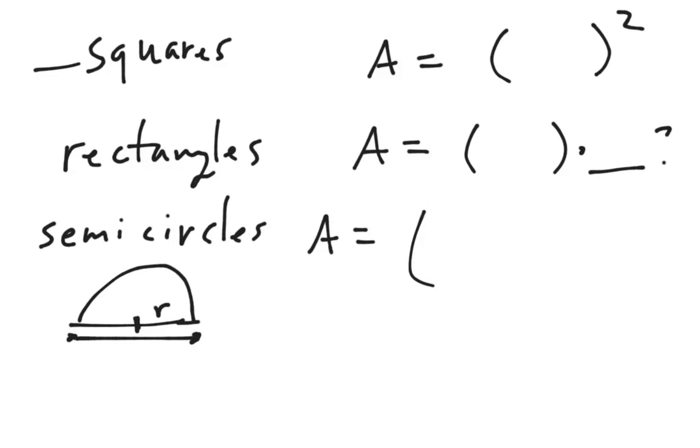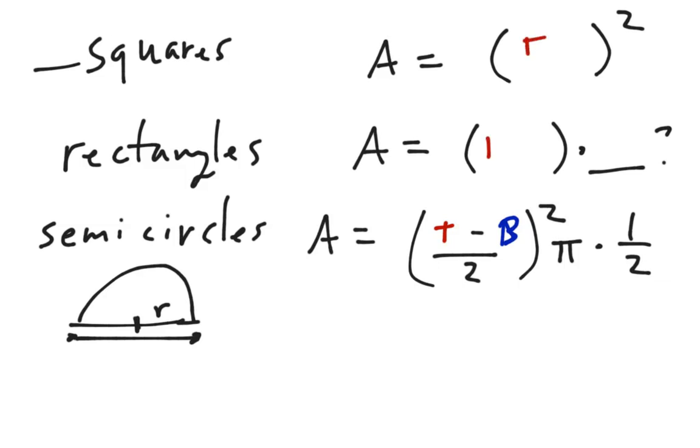And so your formula would be top function minus bottom function divided by 2 squared, so it's r squared and then pi. And that would be a full circle, so to get a semicircle, you would again have to multiply this by half. So this is a complicated formula, it doesn't show up very often. Let me put these top and bottoms in here, so minus bottom squared, bottom, etc.